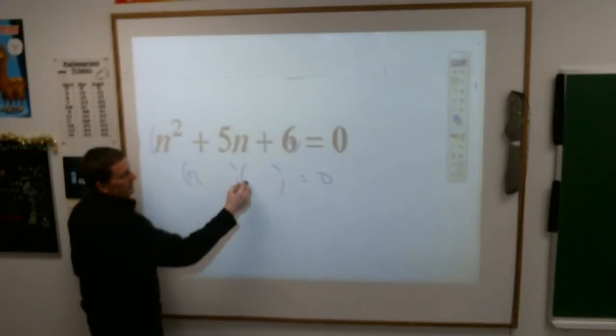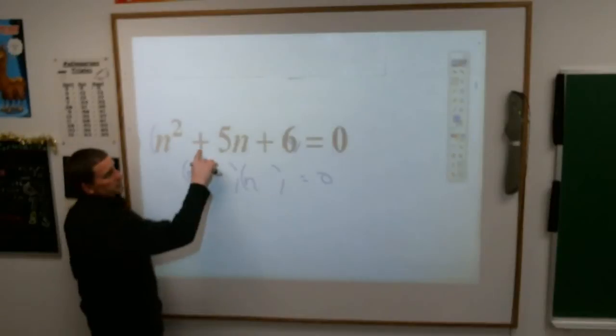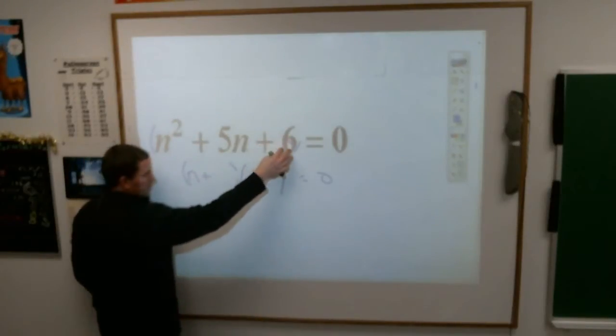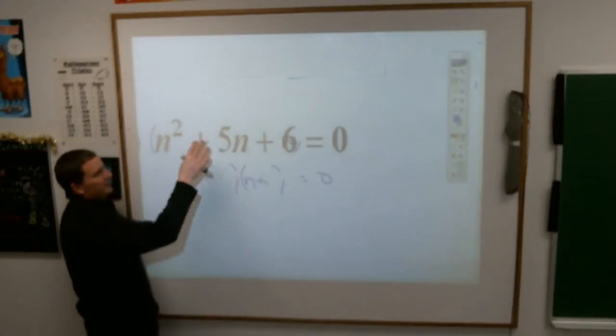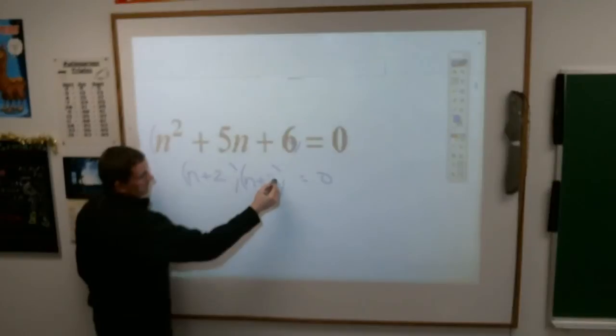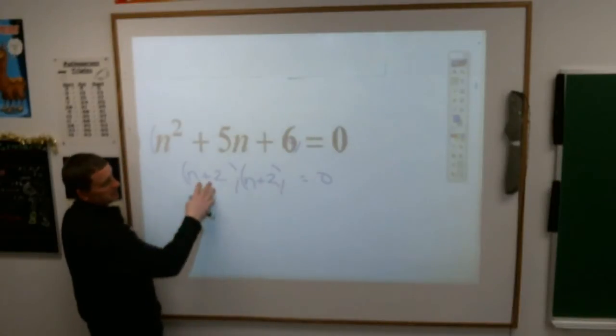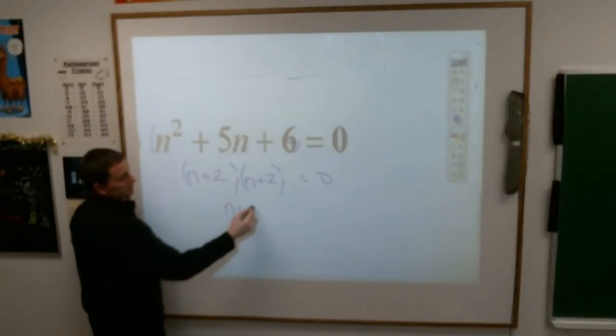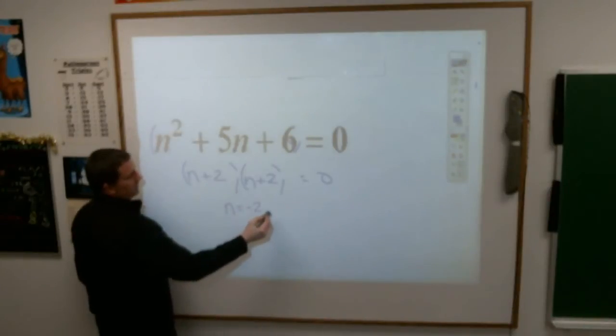You know this is n and this is n. These are both positive, so both are going to be positive. What two numbers multiplied together give you 6, when added together give you 5? 2 and 3. That's not your answer yet because you need to solve these for 0. Your answer is going to be when n equals negative 2 and when n equals negative 3.